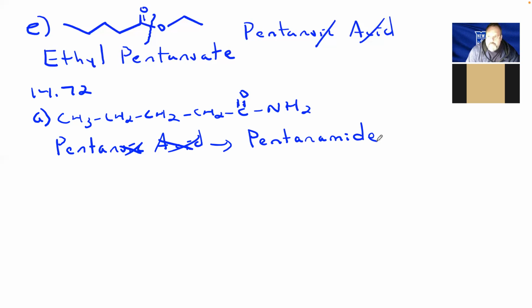Now, there's no numbers here, but just so you know, because this is actually relevant to B and C, we would number the C double bond O carbon as 1, and then we would number the rest of the carbons essentially in the carboxylic acid portion of the amide.